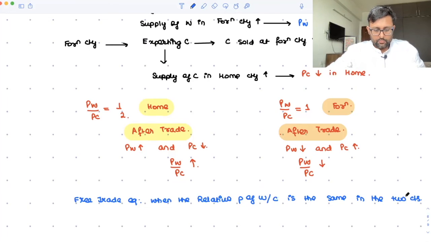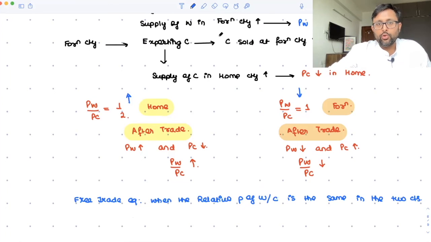So what will happen is, the free trade price of PW by PC is going to lie between half and one. So it is increasing from half and it is decreasing from one.